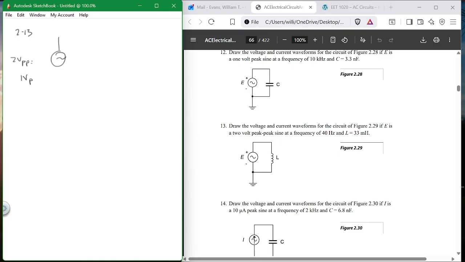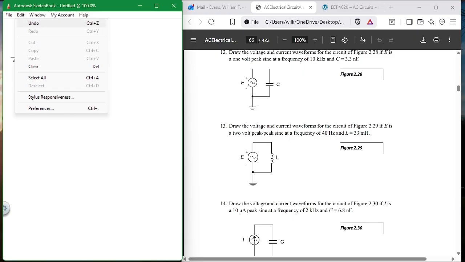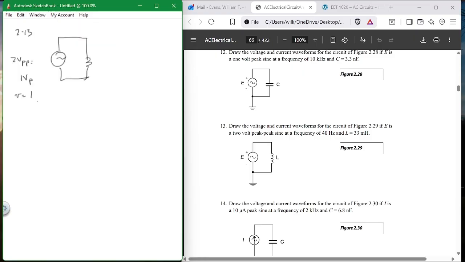So voltage and current for this guy. So let's do this and see what we get, okay? All right, so this is my sine wave for my voltage. Voltage is equal to 1 sine 2 pi f t, which in this case is 2 pi times 40 times t.